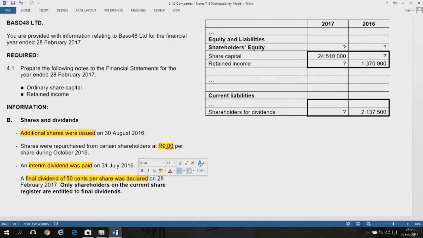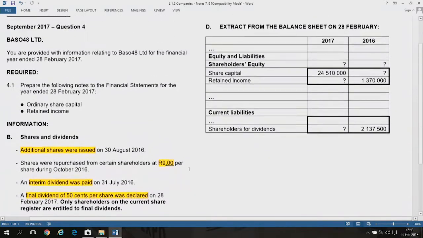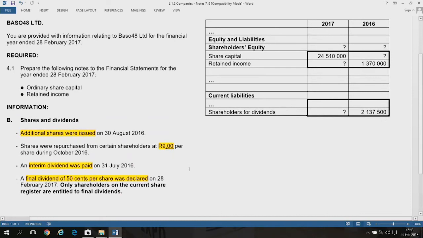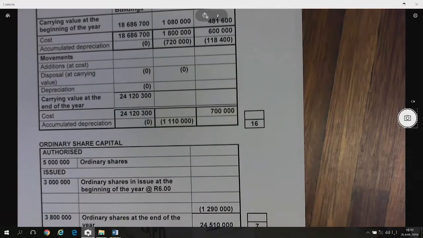Okay, that was the information in number B, and if you go there, you will see that there's the share capital at the end of the year and the retained income at the beginning of the year. If you go back to the answering sheet, luckily there's a little bit more information there.